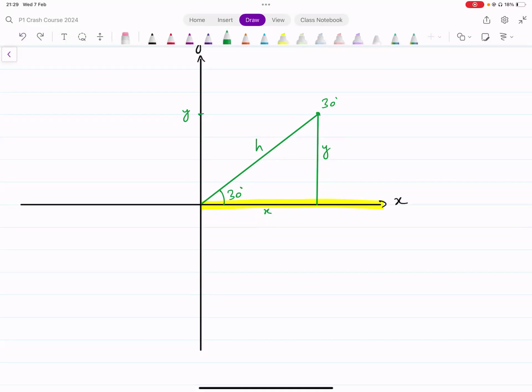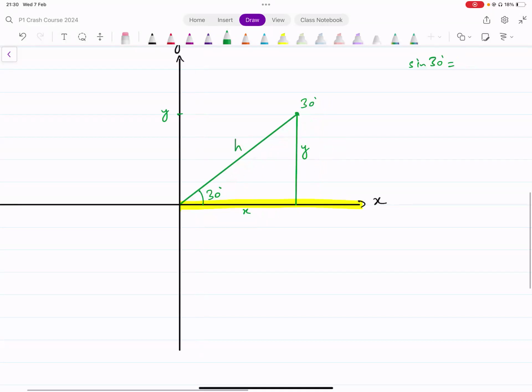So now what would be the value for sine here? Sine of 30 degrees. That's what we are looking at at this point. Sine of 30 is y over h, right? That's what sine of 30 here turns out to be.